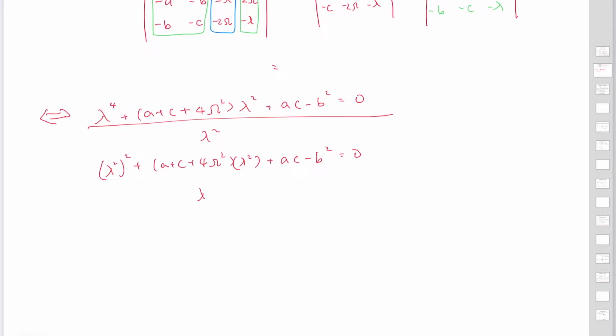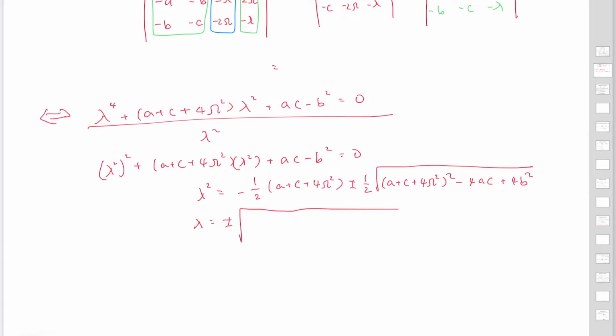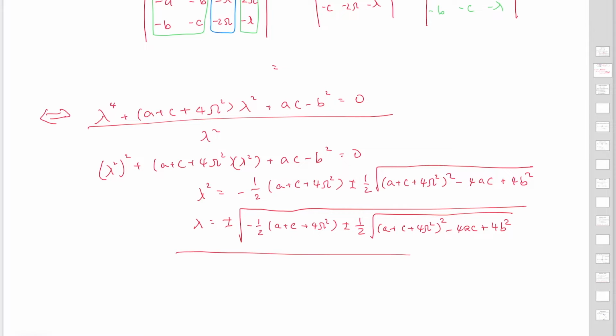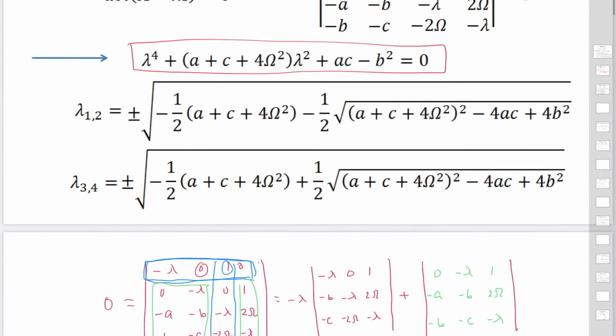Then you can calculate lambda squared, and lambda becomes plus or minus the square root. So we have an equation for the lambdas. We name them lambda sub 1, lambda sub 2, lambda sub 3, lambda sub 4. So we have these 4 eigenvalues.